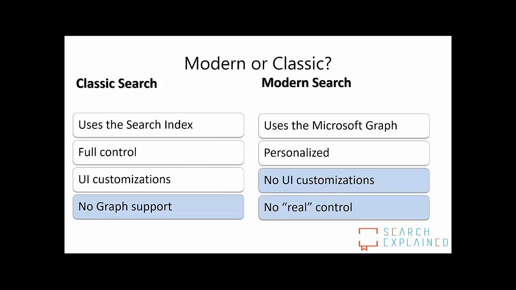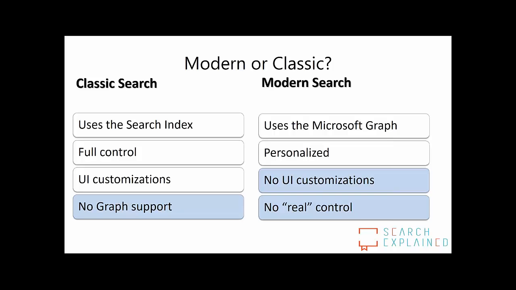Actually, if I wanted to compare those two, the classic search and the personalized modern search, this table summarizes everything. The classic search uses the traditional classic search index. You have full control and ownership over it. You can customize it, you can configure it, you can customize the user interface, but there is no Microsoft Graph behind it.